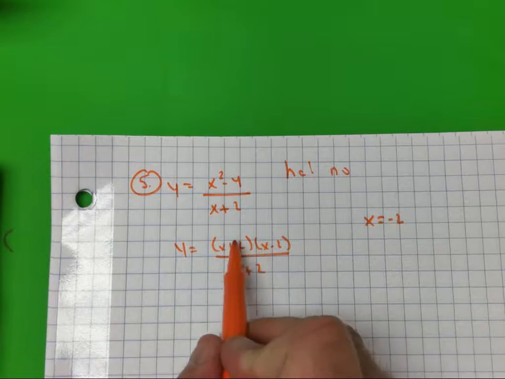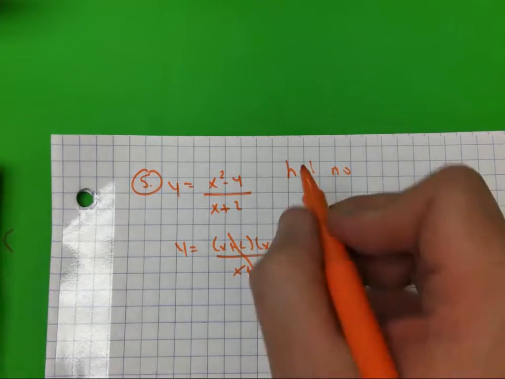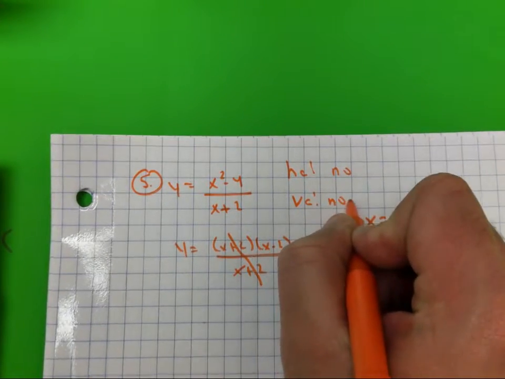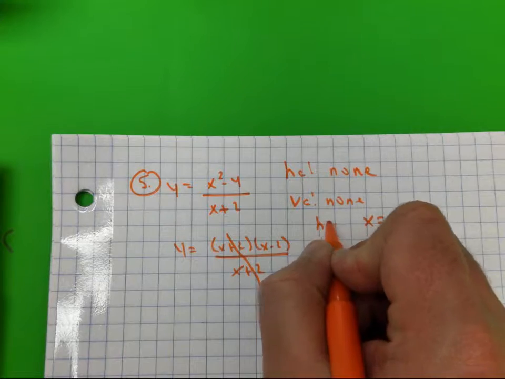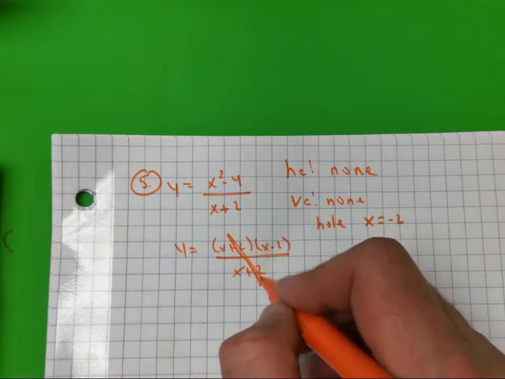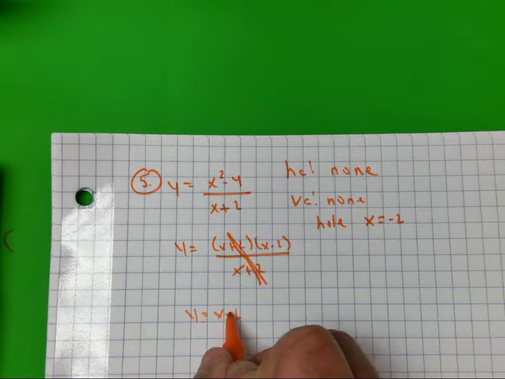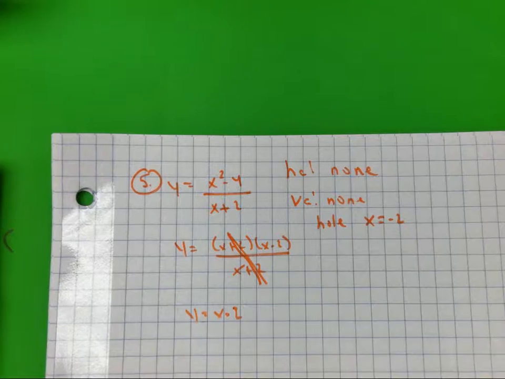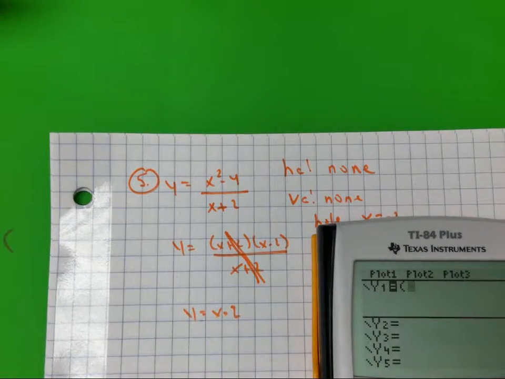But if you look here, I can cancel that out. So this is not a vertical asymptote, so I have no vertical asymptotes. None. And my x equals negative 2 is a hole. So you say, Mr. Esther, what do you graph if this cancels out? Well, you're just graphing what's left, y equals x minus 2. Because if you were to graph this, this is very similar to when we did the other day in our examples.